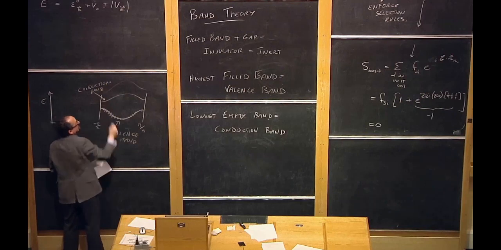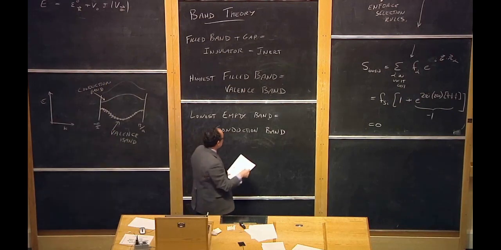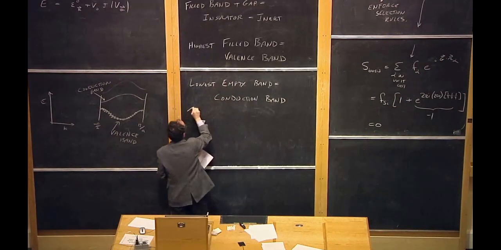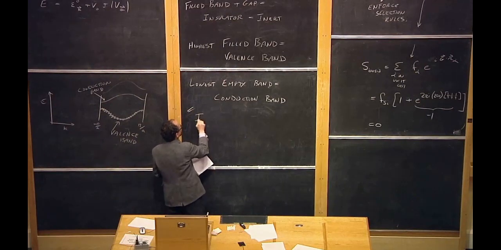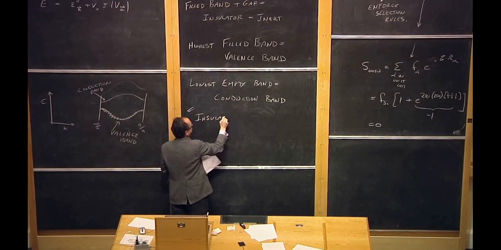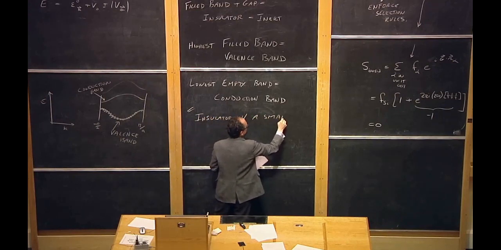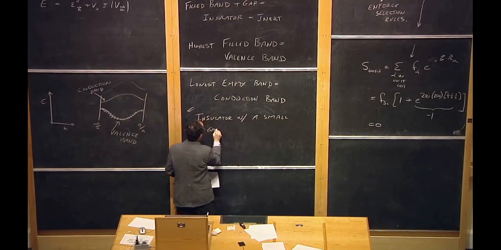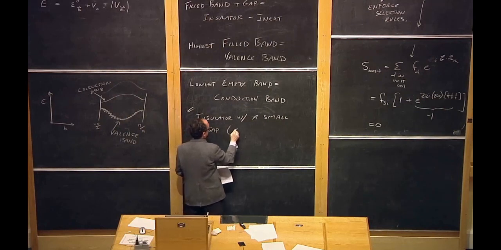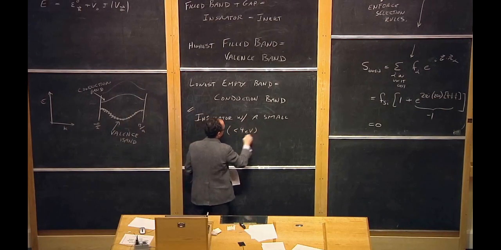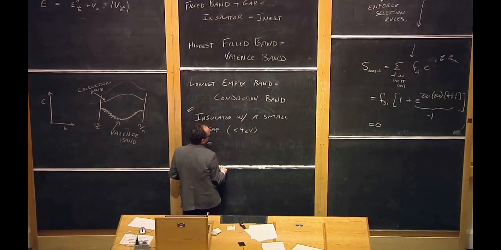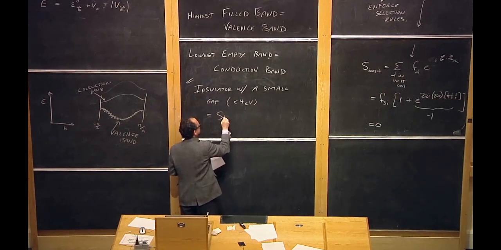Conduction band. Okay, so another important statement: an insulator with a small gap is known as a semiconductor. And small here is less than about 4 electron volts.